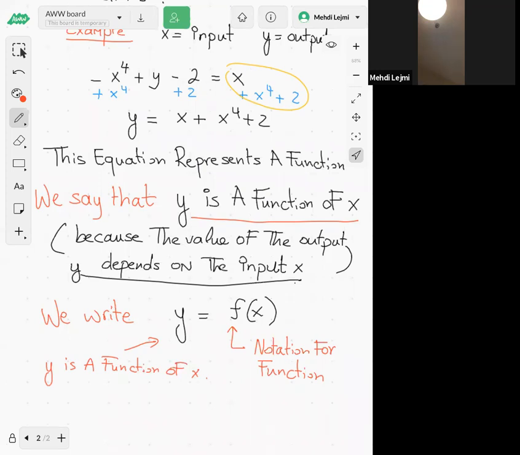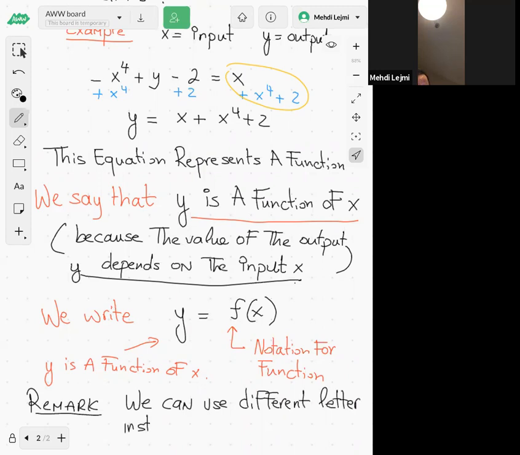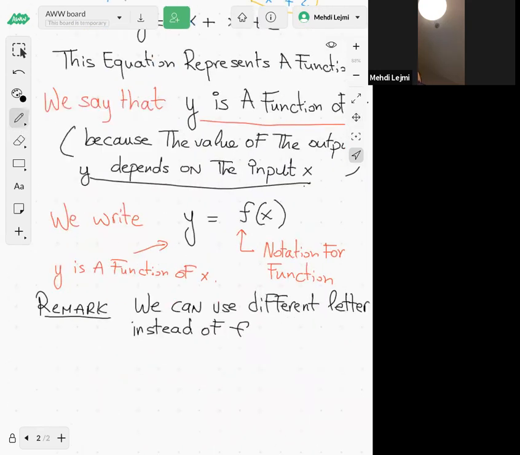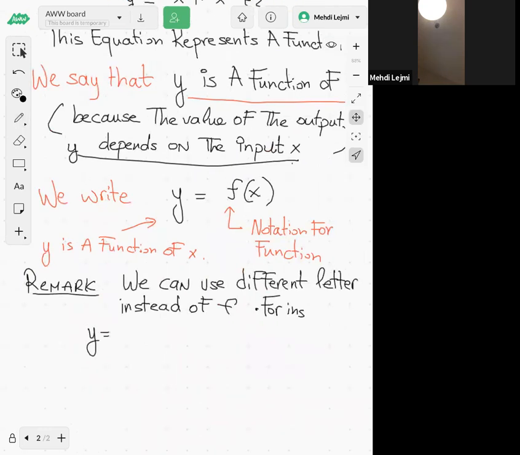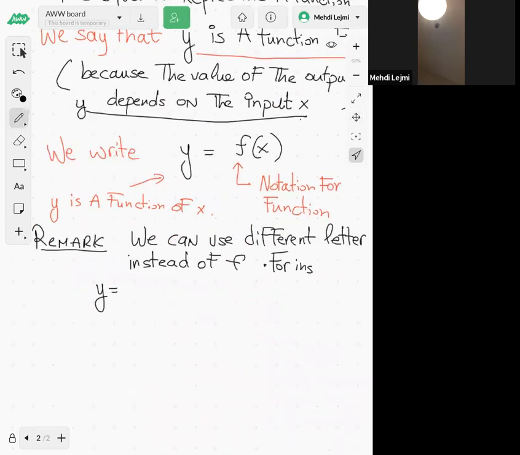Of course, instead of the letter f, we can use another letter, for example G or H. It doesn't have to be F. Here, remark: we can use a different letter instead of F. For instance, Y is equal to G of X, or Y is equal to H of X, okay?